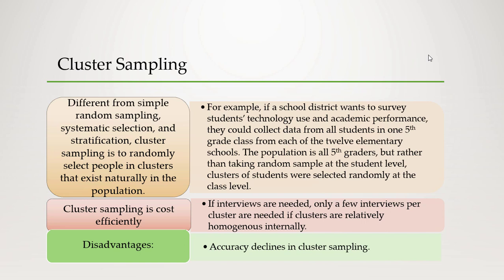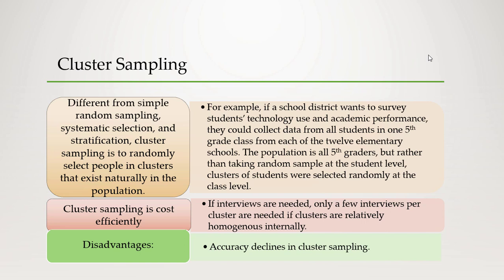The probability sampling procedures we have talked about so far use randomization at the individual level. In other words, individual subjects are randomly selected from the population. Cluster sampling is different because naturally existing groups of people called clusters are randomly selected from the population.